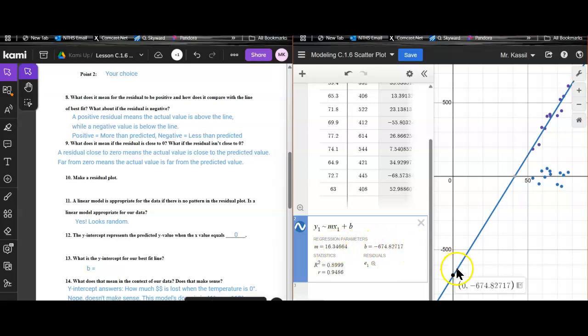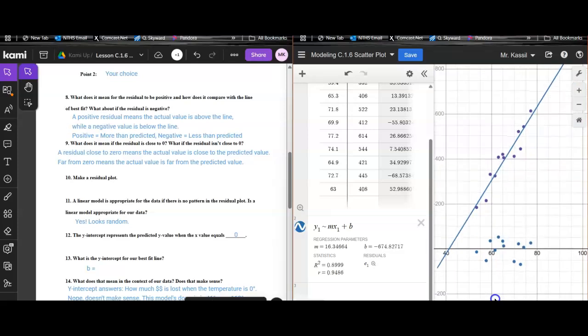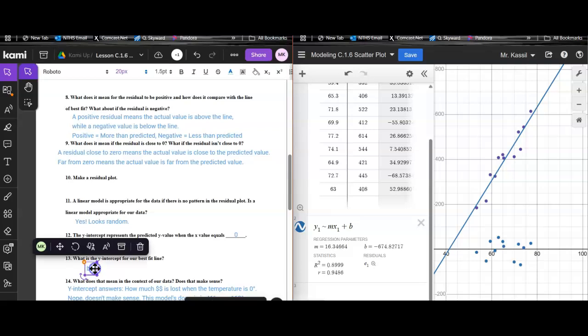B is the y-intercept, so I don't need to go all the way to the graph here. I can stay looking at my graph and my residuals here. And so what is the y value for our line of best fit? The y value for our line of best fit is identified here in our equation, this negative 674.827.